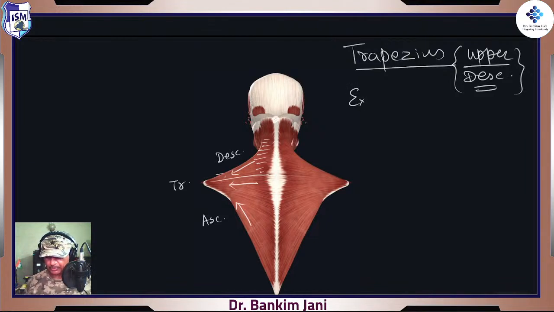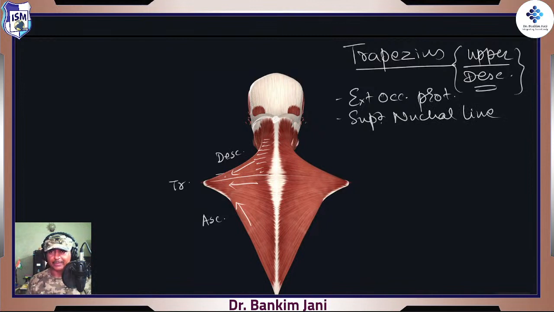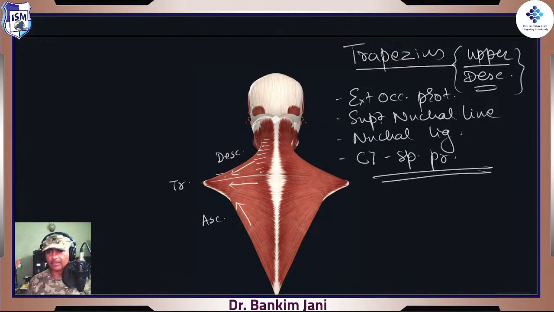Then the superior nuchal line. Then it has to be the nuchal ligament, because such a big muscle requires more surface. And the C7 spinous process. So that's how it starts.